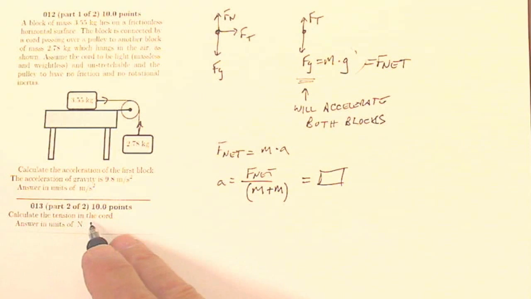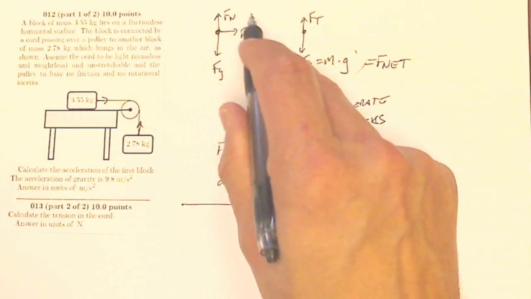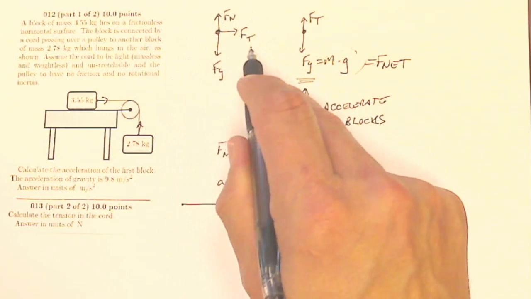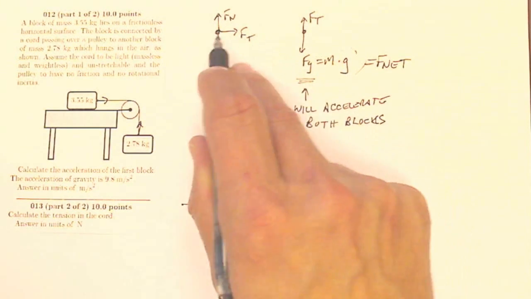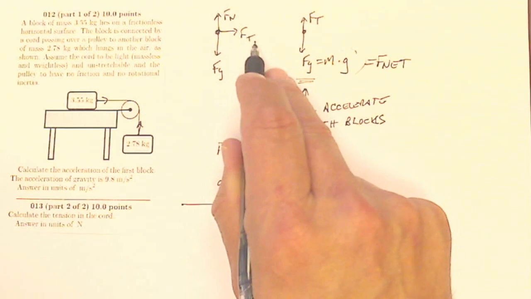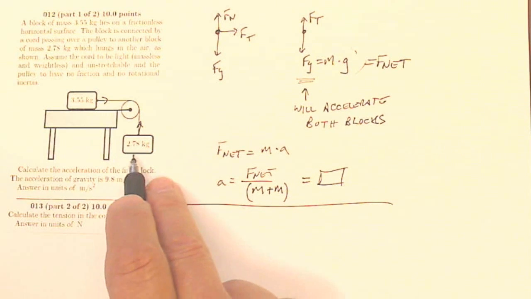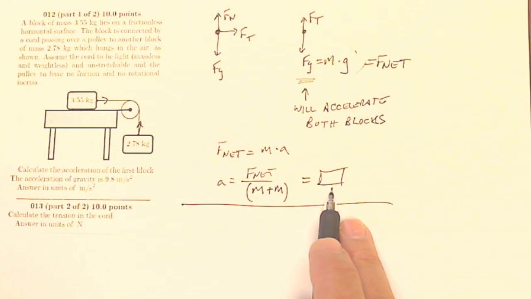Now when it says calculate the tension in the cord, I'm going to look at this top block, because it might look harder, but it's actually easier, because this tension force is not fighting against anything. So this tension force must accelerate this block. And this block and this block are going to accelerate at the same rate that I figured out here.